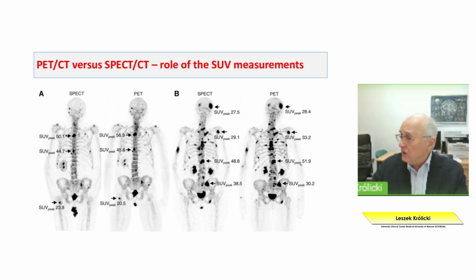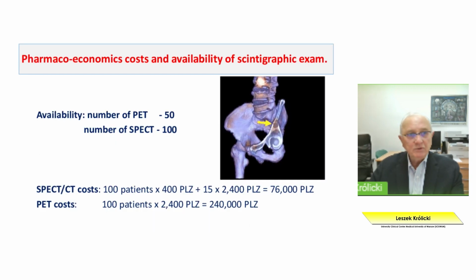That's why I'm in favor, definitely, of SPECT CT whole body examination, instead of whole body PET examination without the use of computer tomography. We are now waiting for the gamma camera that will allow us for this type of examination.